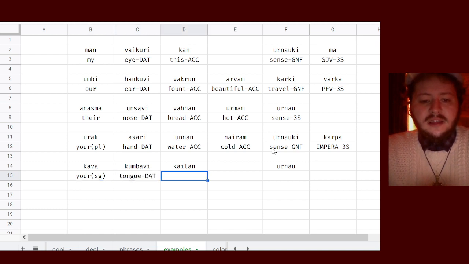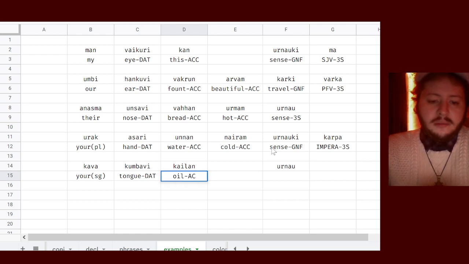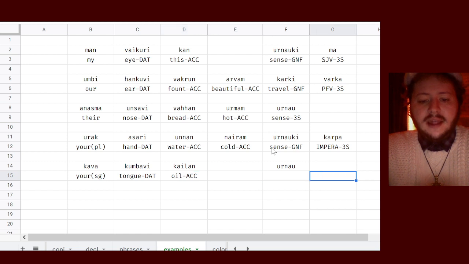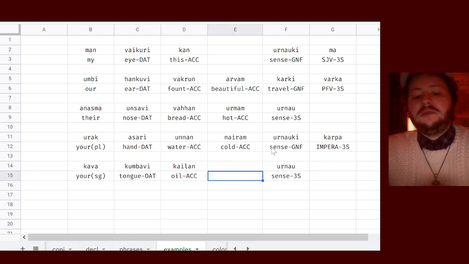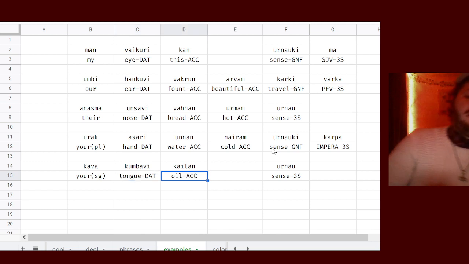Kailan is the accusative of kaila, and kaila is oil, especially sesame oil, but it can be any oil. So like kailan, sense, third person. So this is, your tongue feels the oil. So you taste. This just means you taste the oil. And I was thinking this would be a question.